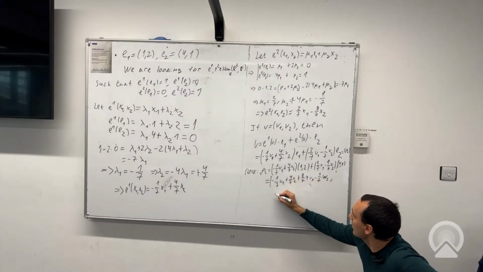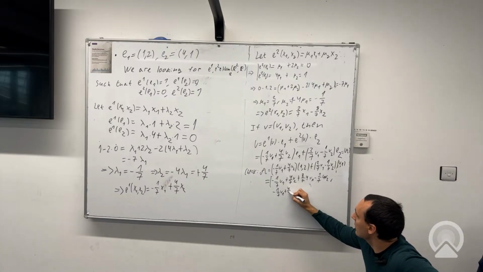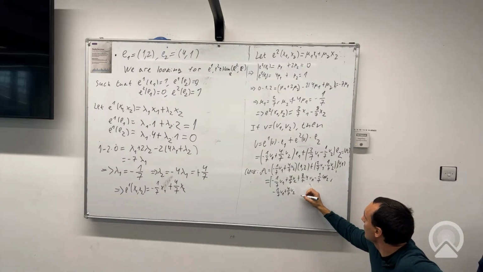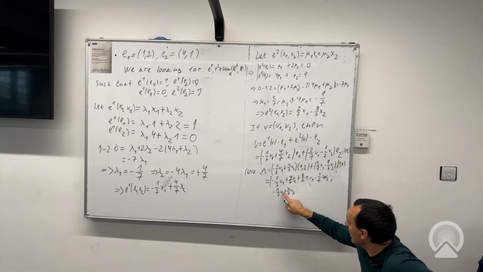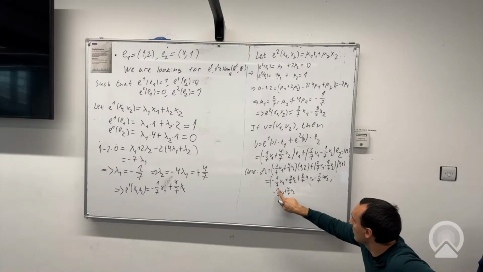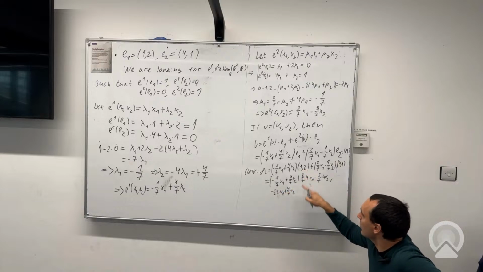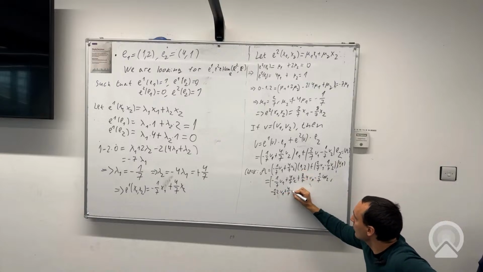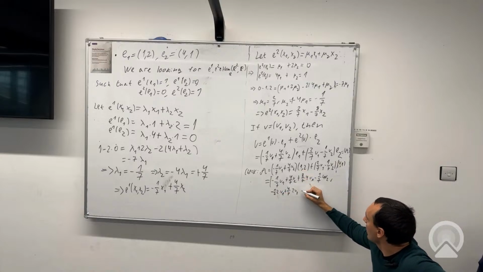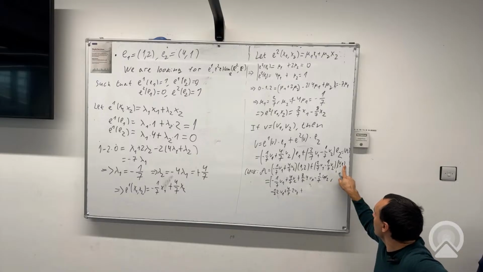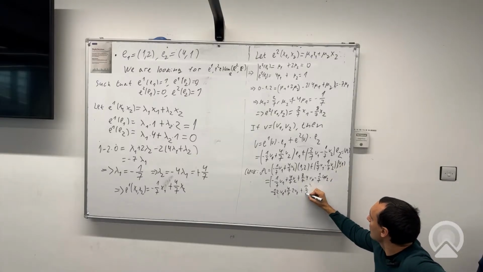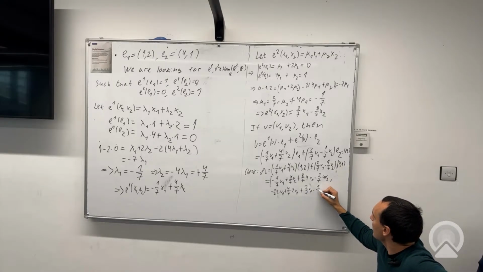And the second is minus 1/7 v1 plus 4/7 v2 times 2, because we have 2 here, and we have 2/7 v1 minus 1/7 v2 times 1.